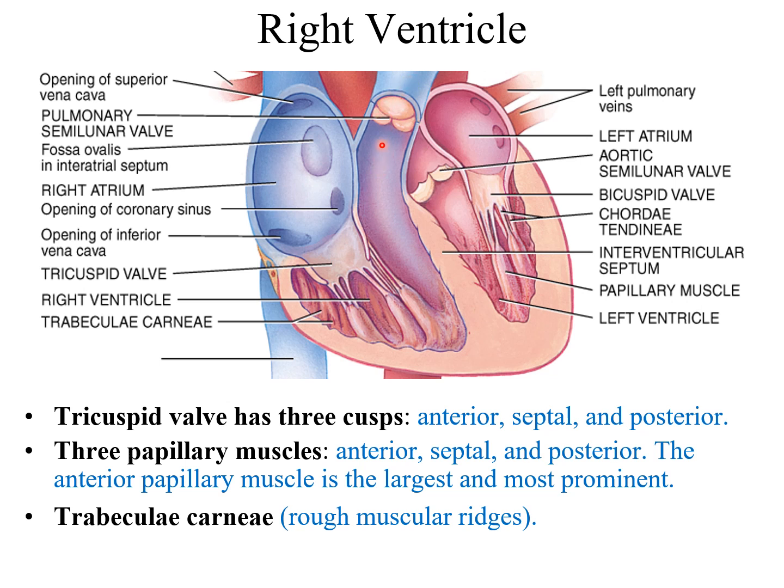So the area just below the pulmonary valve of the right ventricle is known as infundibulum or conus arteriosus. And these are the cusps of the right ventricle valve, and these cusps are connected to chordae tendineae, and then chordae tendineae are connected to papillary muscles.